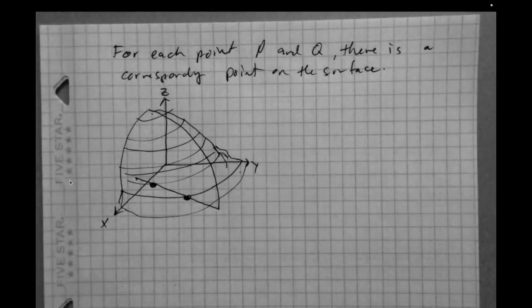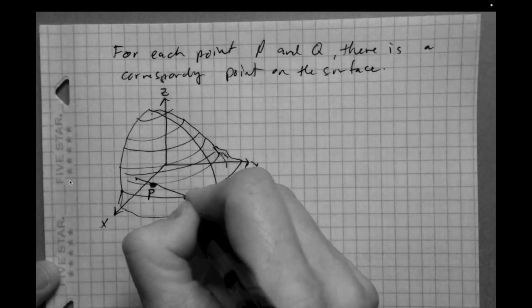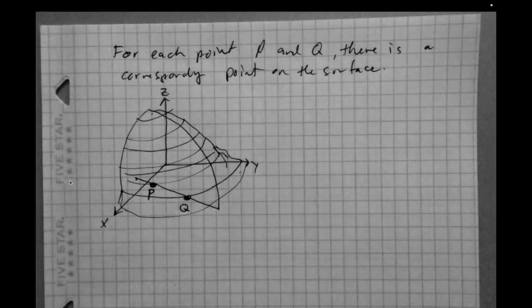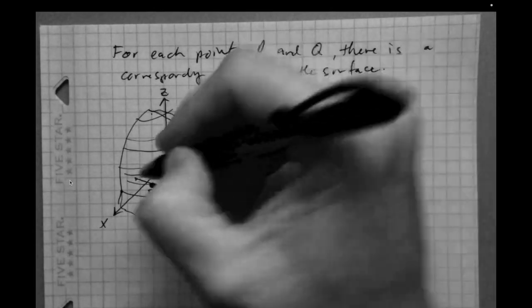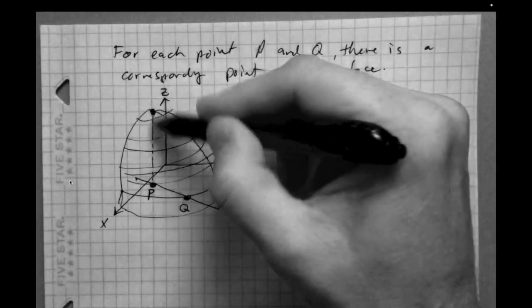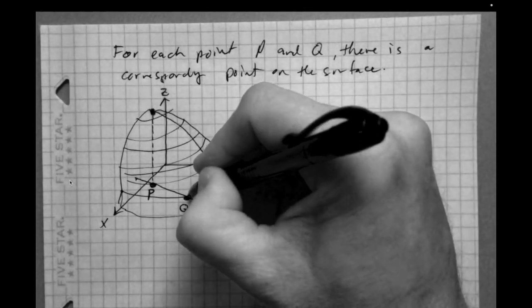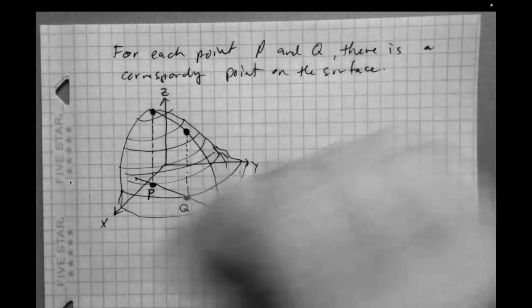Okay, let's try to create some intuition here about the fact that this is happening in space. This is like our point P, just like before, and now we've added another point Q on here just for reference, right? So for each point P and Q, there's going to be some corresponding point on the surface. If I come up to the top of the surface, there's going to be a point on the surface, and I can do the same thing with this one, bring it up to the surface, and it's up there as well.